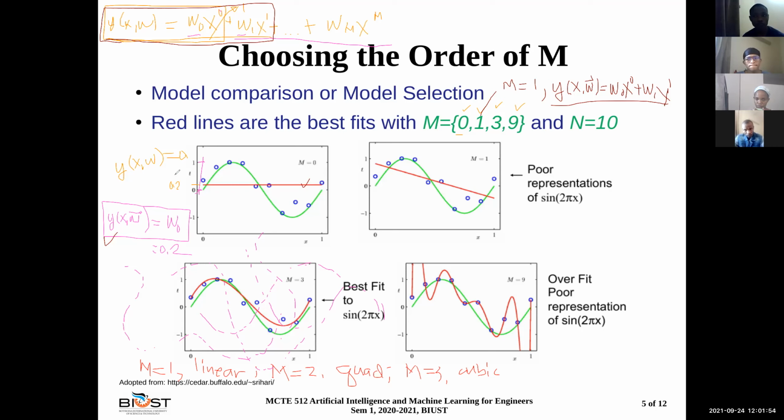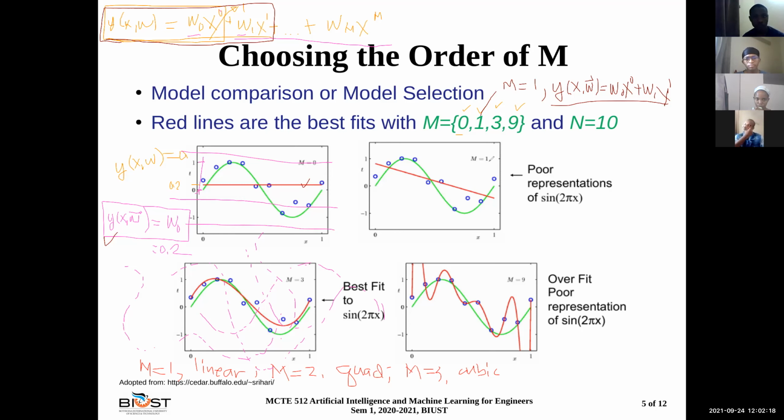It will make a different function, a different line or a different graph. For example, a change in w0 for the first case of m equal to 0 will give a different line. This line, although a horizontal line, that line, and that line, depending on what your value of w0 is.